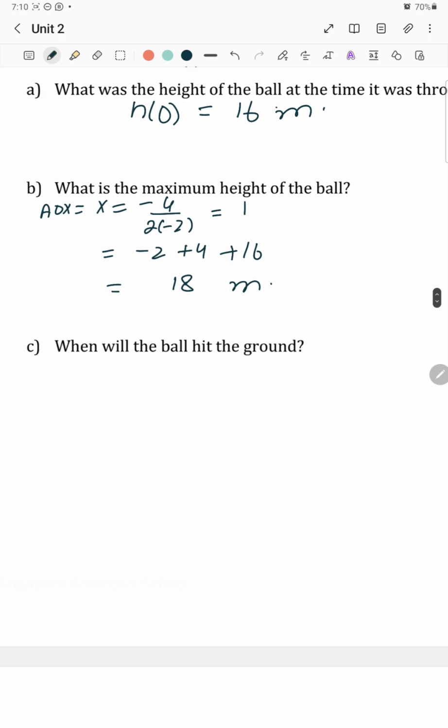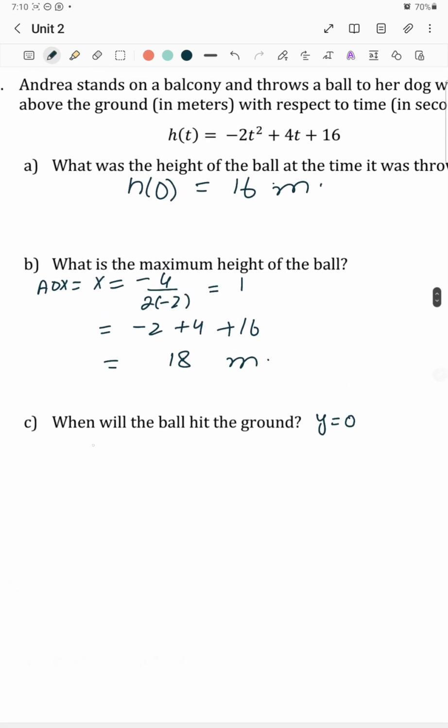When will the ball hit the ground? When the ball hits the ground, the height is going to be 0, so we need to find the x-intercepts. So minus 2t square plus 4t plus 16 is equal to 0.